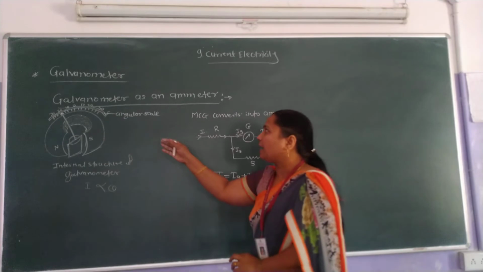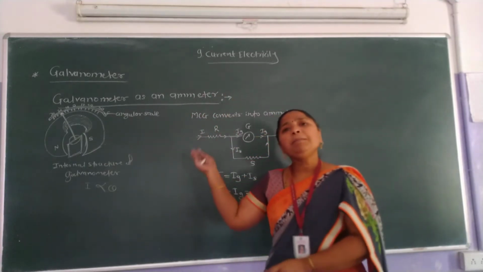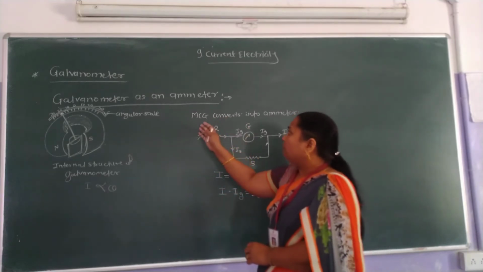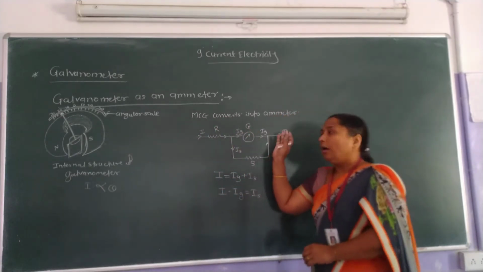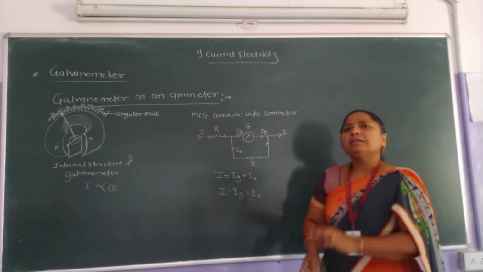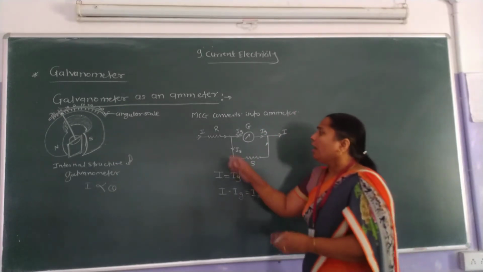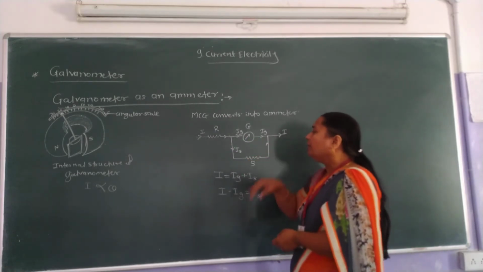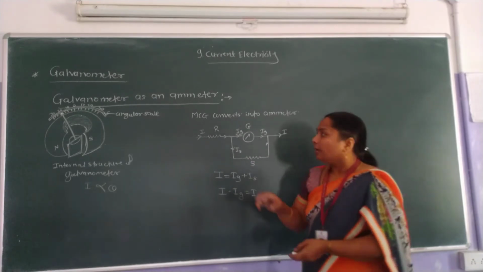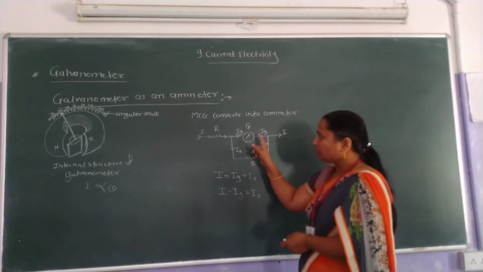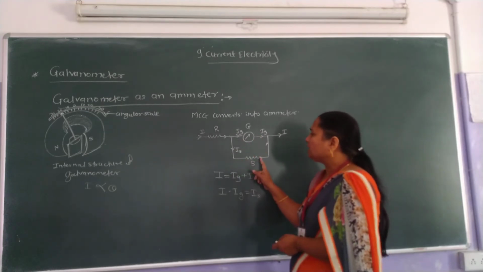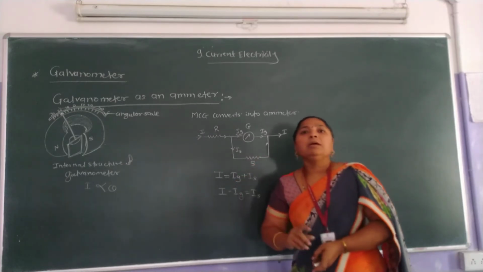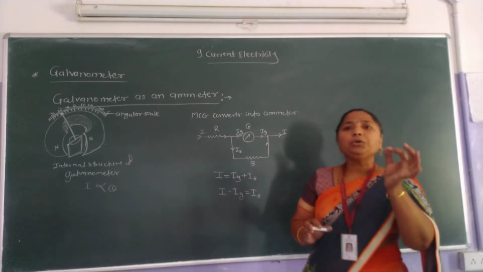How can it be done? When the moving coil galvanometer is converted into an ammeter, a very small resistance, the shunt resistance, is connected in parallel with the galvanometer.